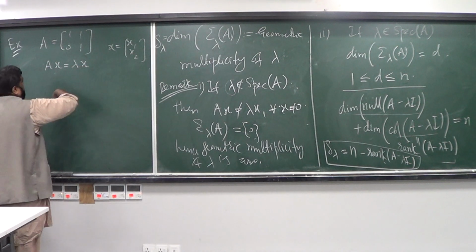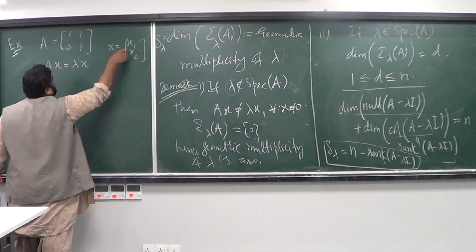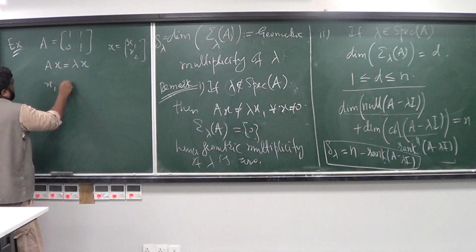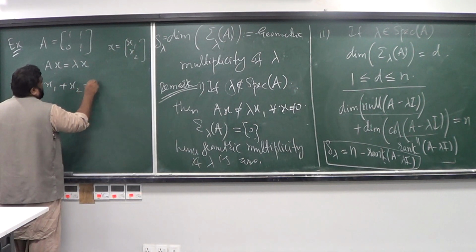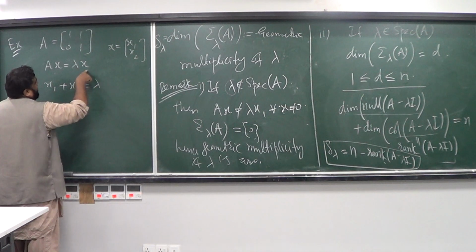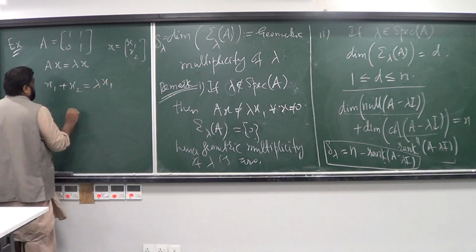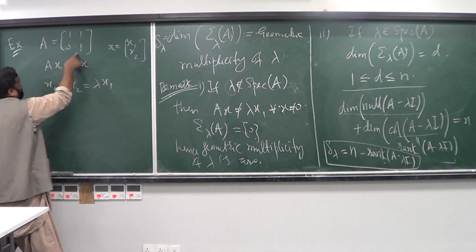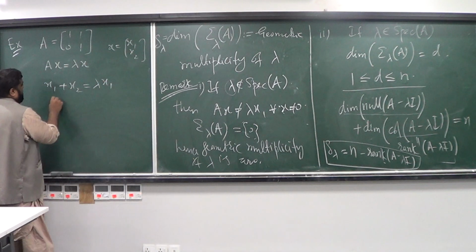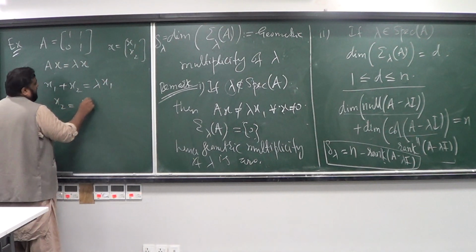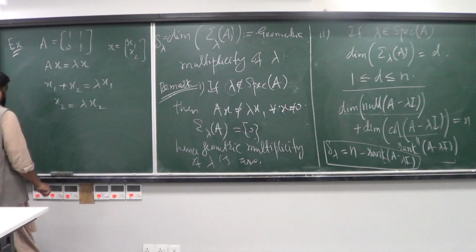When you multiply row with column, you get x1 plus x2 equal to lambda times x1. And the second is 0 1 multiplied by this, so x2 is equal to lambda times x2.